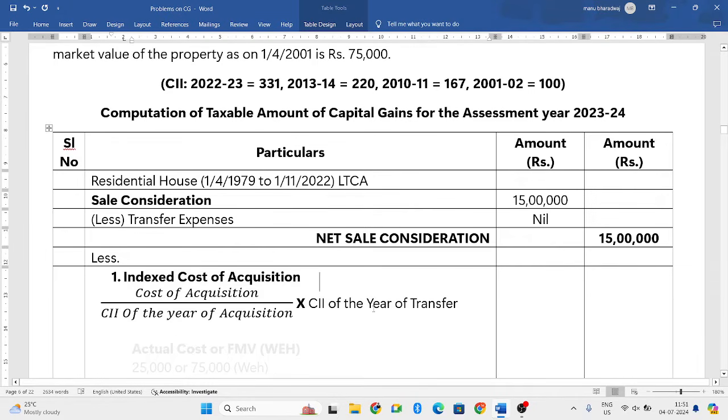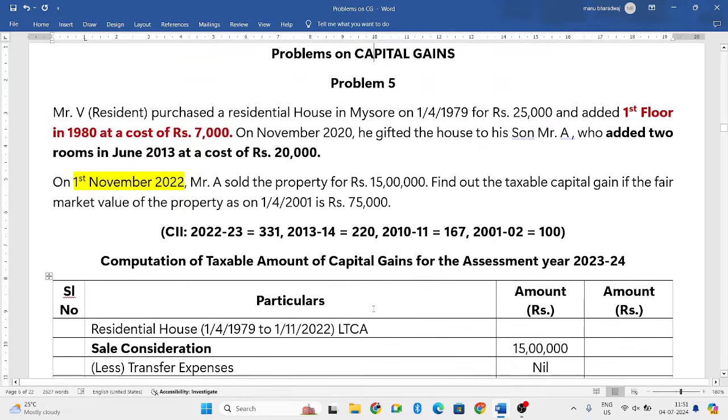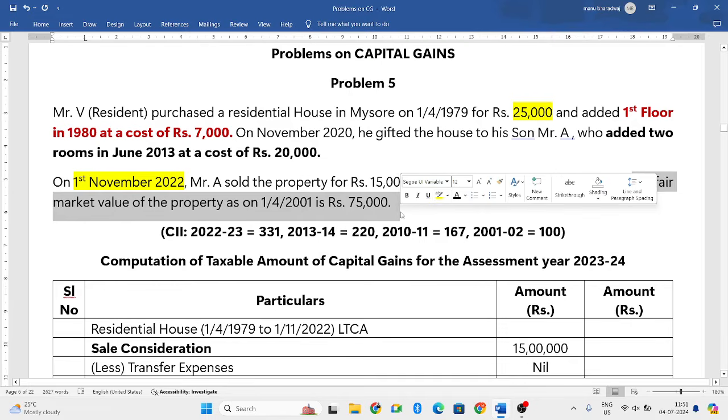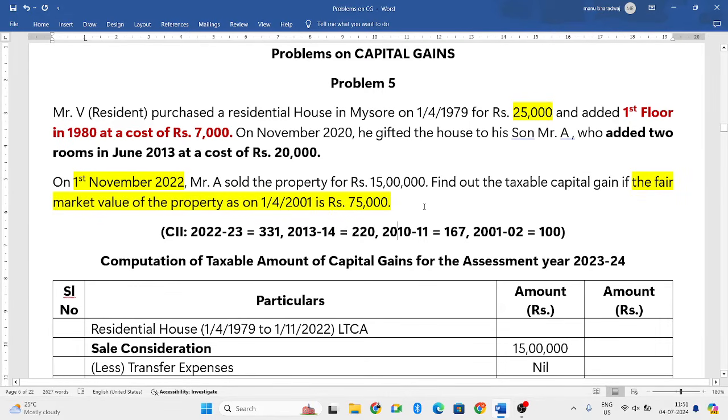You already know the formula by this time, but in the problem they have given actual cost also. Actual cost is 25,000, plus they have given the fair market value of the property, which is 75,000.